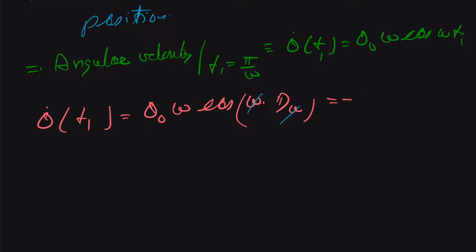So this will be minus theta naught times omega. It means at this particular instant, t1 equal to pi by omega, it has maximum speed, but opposite to the direction of the restoring torque. That is the significance of this negative sign.